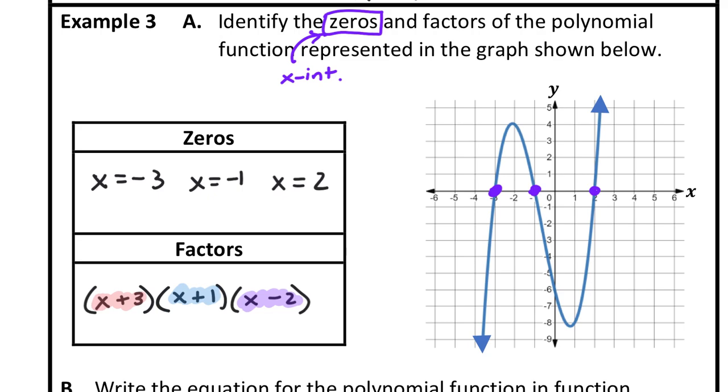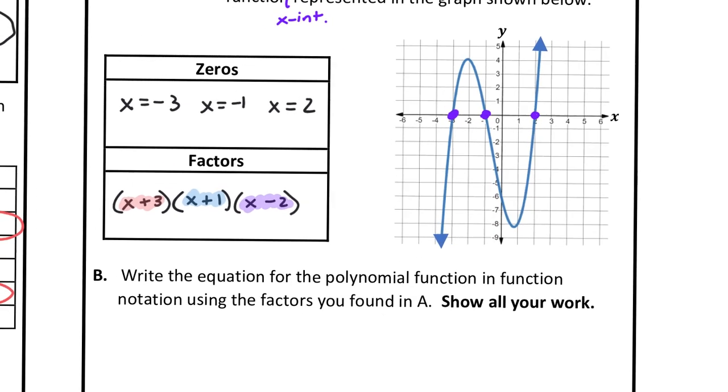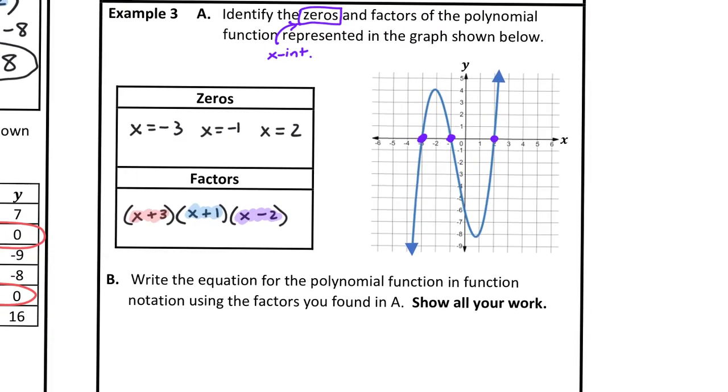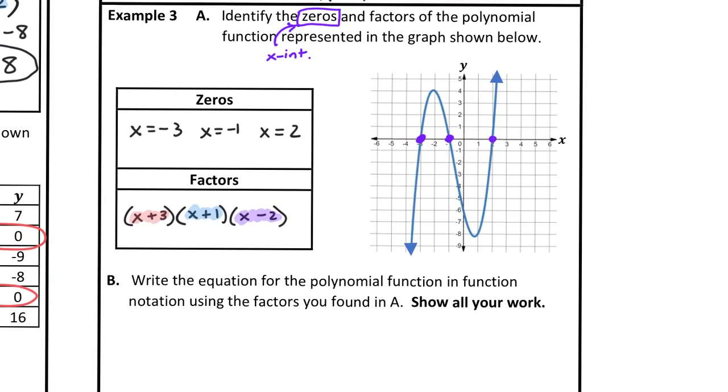Okay, part B. It says, write the equation of the polynomial function in function notation using the factors you found in A. Okay, so in function notation, it means I have to put f of x equals x plus 3, x plus 1, x minus 2.